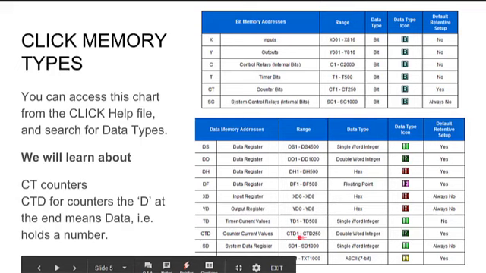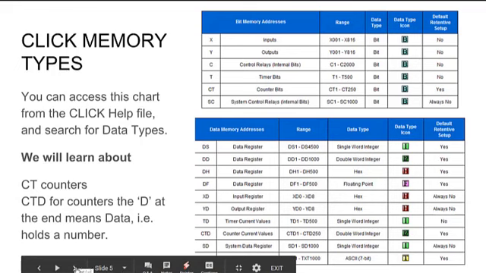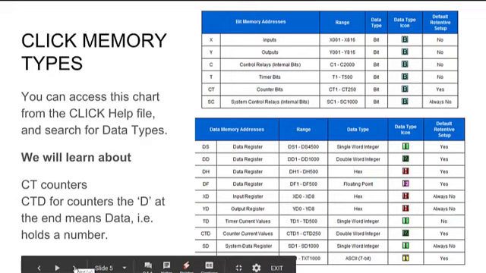Again, there's 250, but see this D? That D means data, as compared to here, where it just means the count status. It's a double word integer, which means it can store a very large number. And it's retentive, which we'll learn about later. It's still there after we turn the PLC off and on.